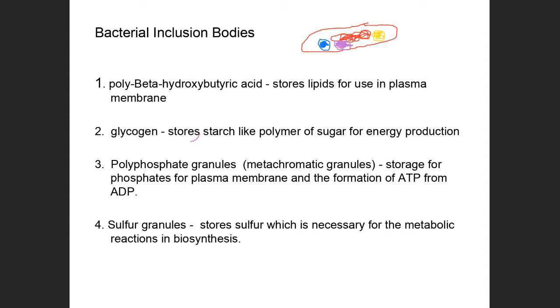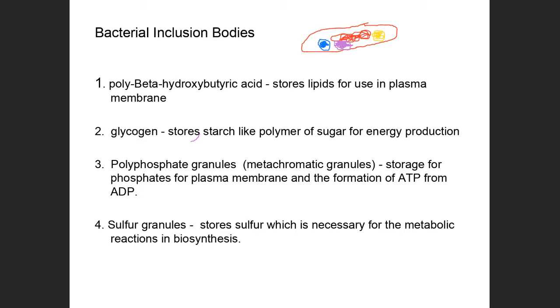So we really are pretty similar to bacteria, but other organisms like the fungi and the plants also have storage, right? They store different types of things. But it's interesting to see the similarities of how we store things and how the bacteria store things.